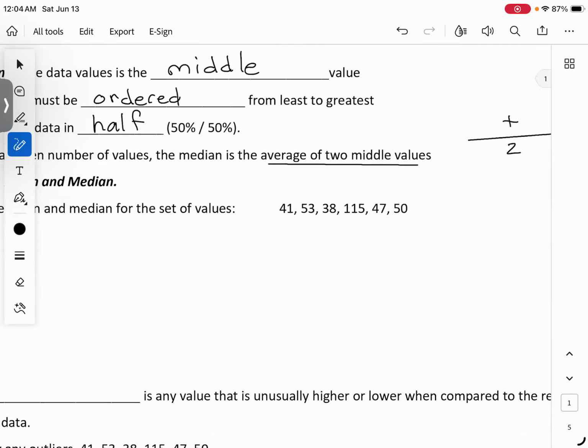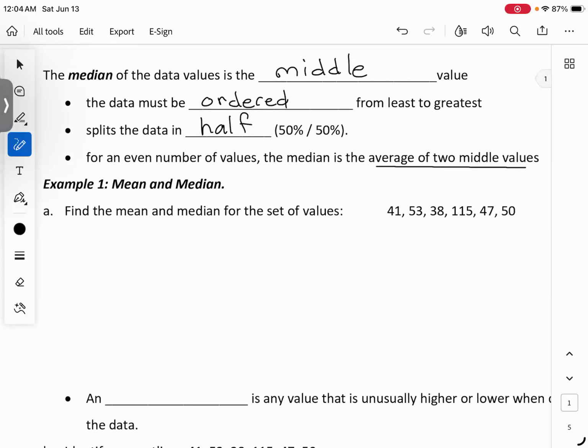Like this here, let's suppose we had these six numbers, and what we want to do is two things. One, calculate the mean, and also find the median. So for the mean, again, this is one of those things that you can pause the video and try on your own, but go and add up all six of those numbers and then divide by six.